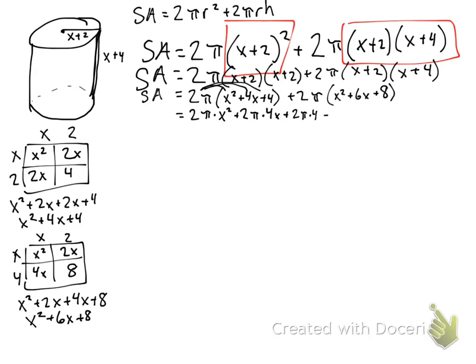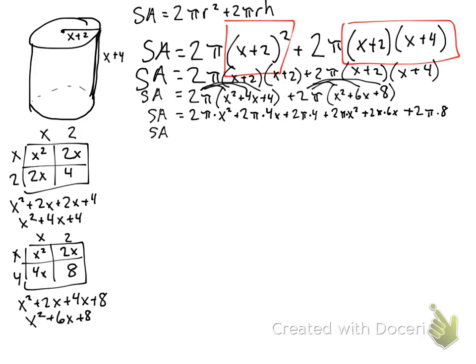That's the first guy. Here comes our second guy. So we distribute the 2 pi times x squared, plus 2 pi times 6x, and lastly distribute to the end, so plus 2 pi times 8. So we're going to treat pi like a variable. We want pi left in our answer.